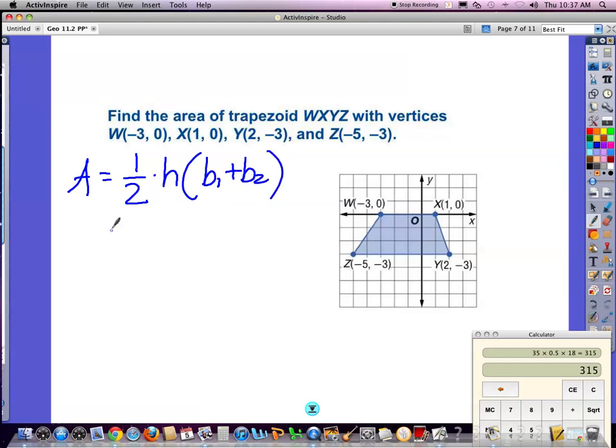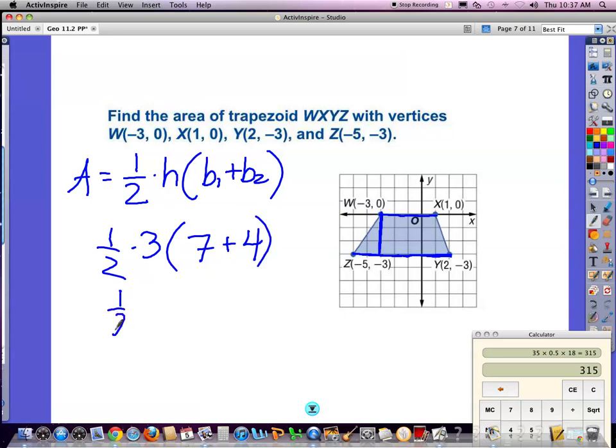All right, so we're going to take 1/2. What is the height of this trapezoid? The height is 3 units. Base 1, it doesn't matter which one you call base 1, I got 1, 2, 3, 4, 5, 6, 7 units. Plus the top base, 1, 2, 3, 4 units.